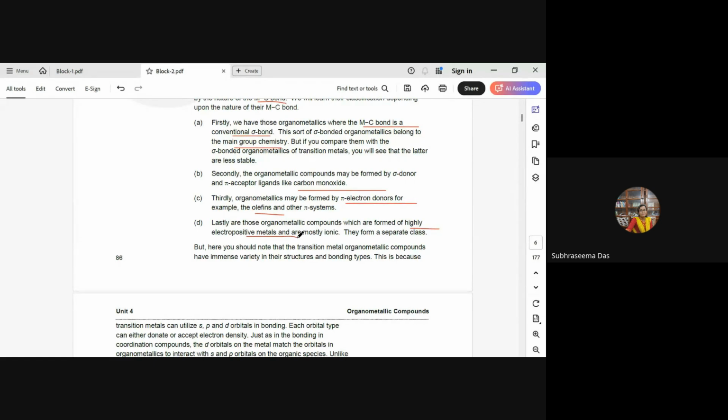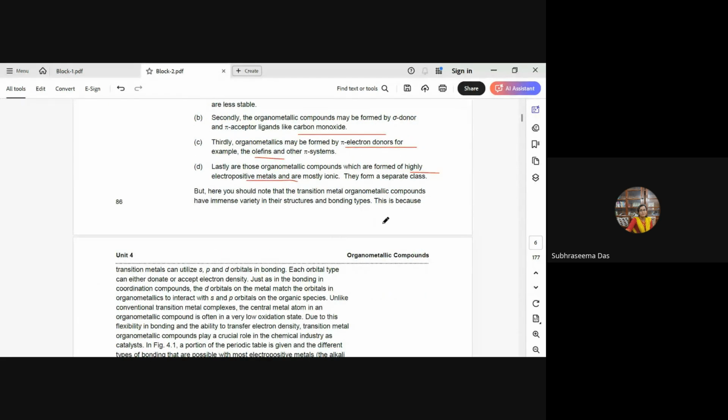And lastly, organometallic compounds can also be formed of highly electropositive metals, and they have been classified in a separate group. Most transition metal organometallic compounds have immense variety in their structures and bonding types. This is because transition metals can have vacant d orbitals, and that is why they can utilize the s, p and d orbitals in their bonding to form different organometallic compounds.